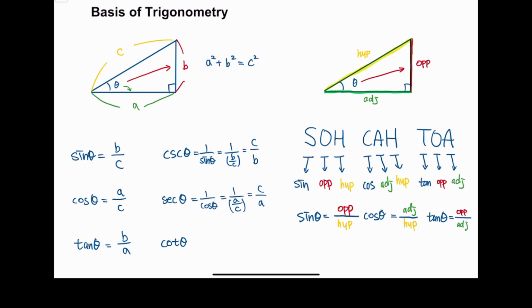Cotangent theta, from the name, you may guess, is the reciprocal of tangent theta, the inverse of b over a, which is a over b after swapping those top and bottom values of the fraction.